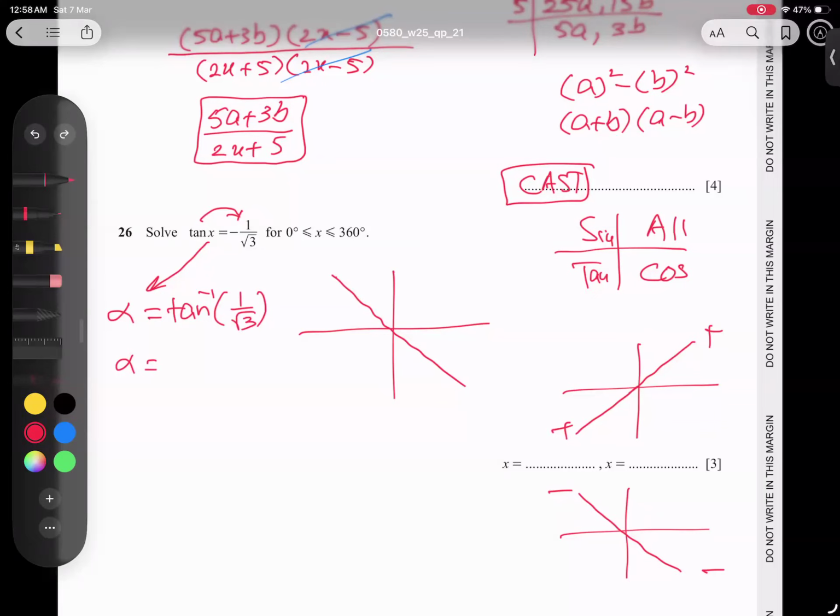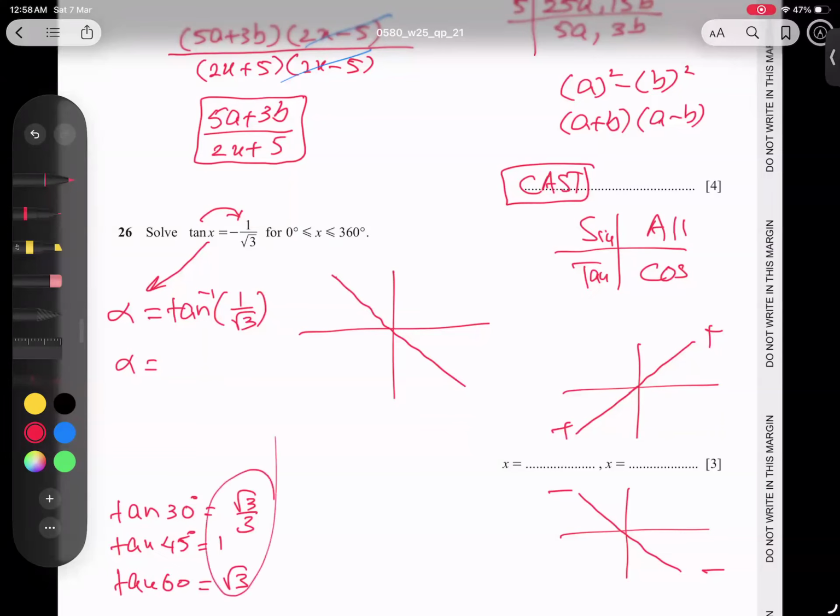Tan has three values. You remember? Let me write. Tan 30 degree is root 3 by 3. Tan 45 degree is basically 1. Let me write all so you people can understand. And the last, tan 60 degree is root 3.